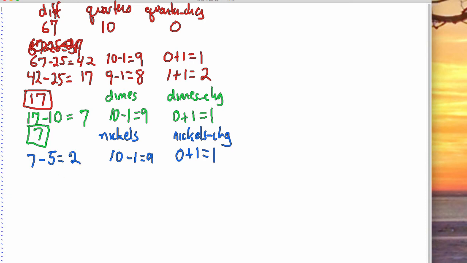Okay, so we worked with the nickels, and now I have 2 left over. There's no nickels left in that, so we're dealing with pennies. And we have pennies change.